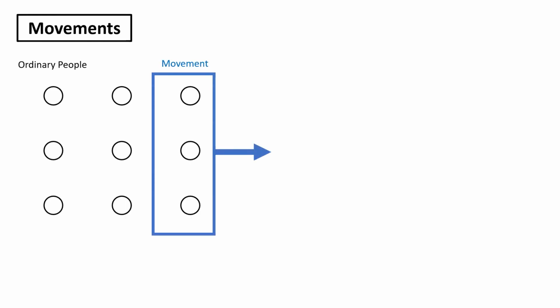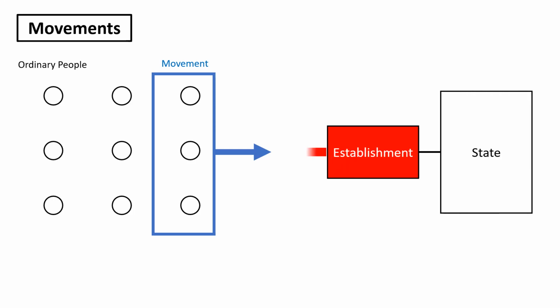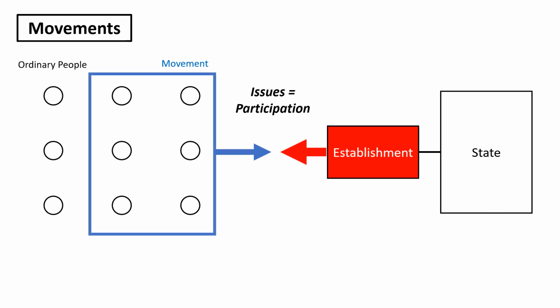Let's first review what movement strategy is all about. A movement aims to unite ordinary people and use their collective power to impose change upon society. In this, it is inevitably resisted by an establishment representing existing interests, and who often uses the power of the state to suppress opposition. To counteract this power, a movement does two things.